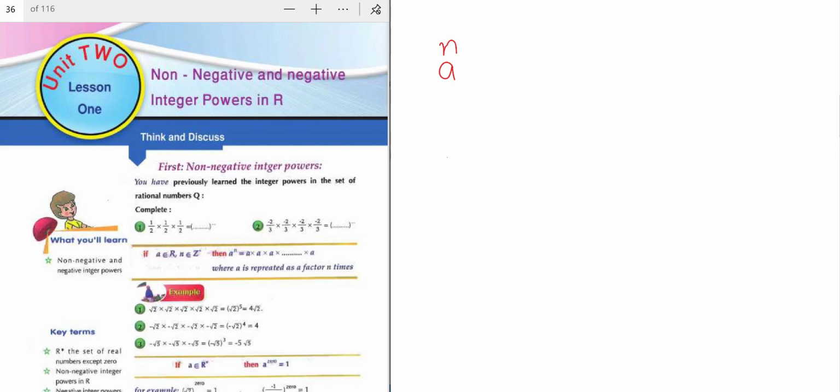It means that a is repeated a number of times according to this power: a times a times a, n times.